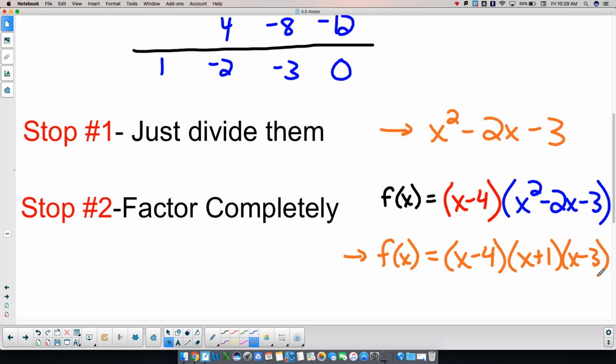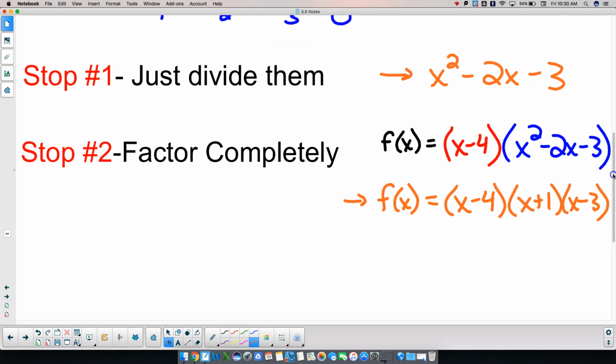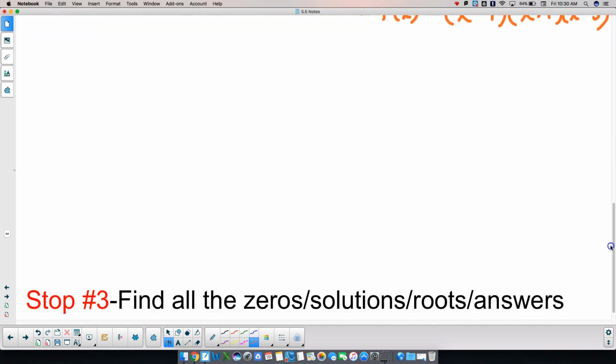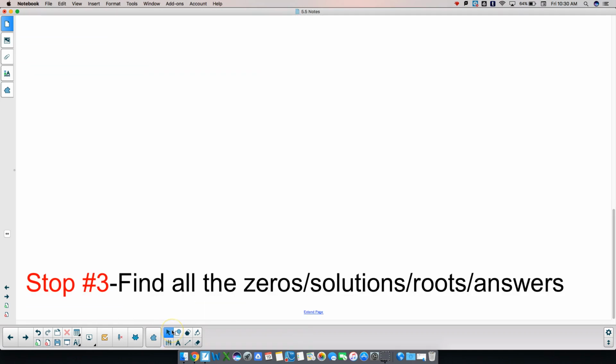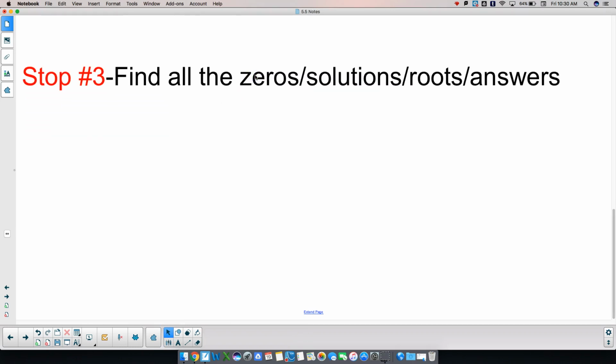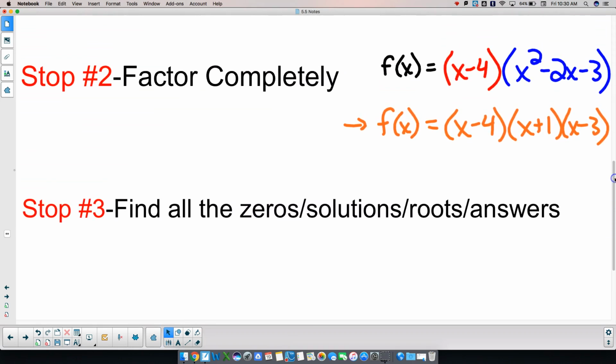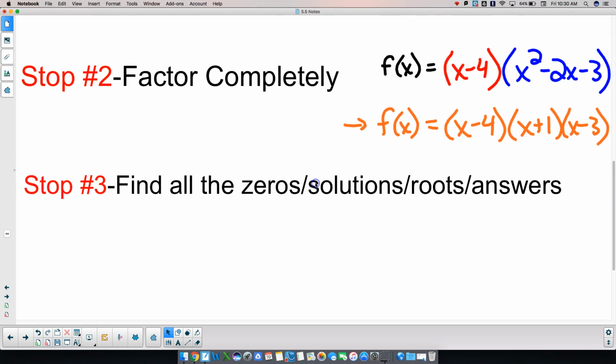And so this would be bus stop number 2, the factored completely stop. And then we could go on to bus stop number 3, which is find all the zeros or the solutions of it. Well, I'd have to divide out a factor or a 0 that I know. I'd have to factor it completely.